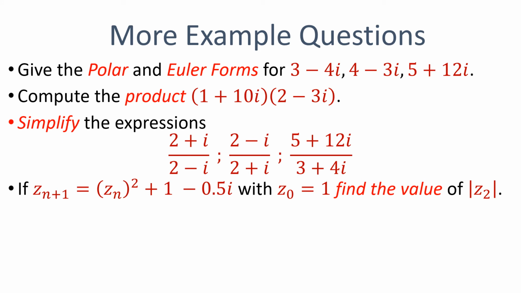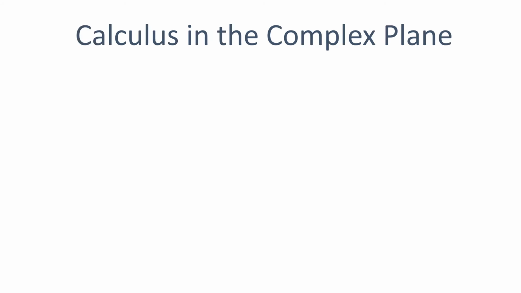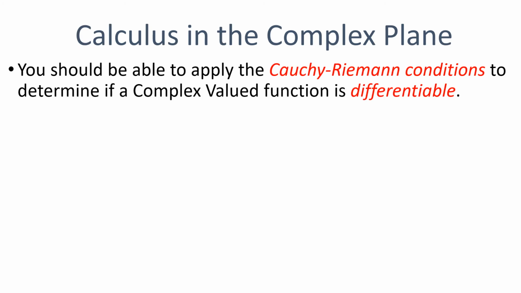You may be asked to apply a particular complex number sequence computation: you're given some complex quadratic function definition, and you're asked to find the value after iterating that function some number of times.